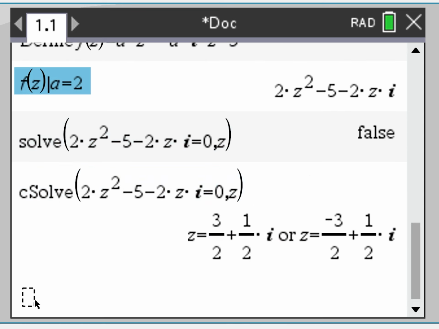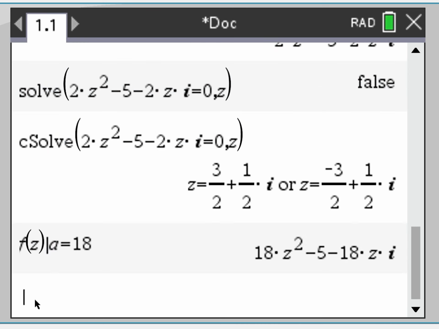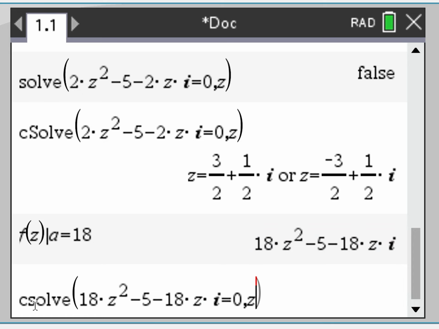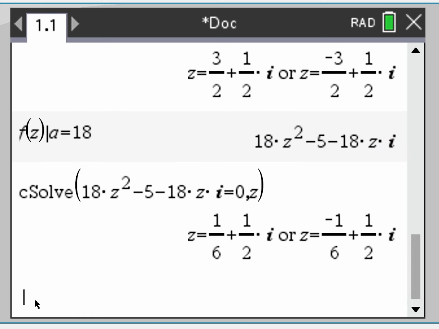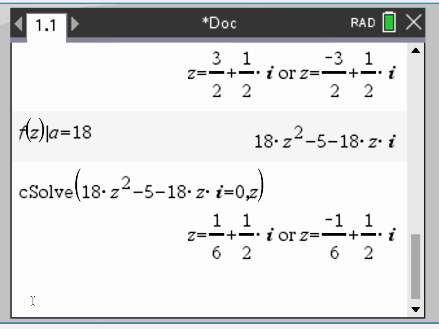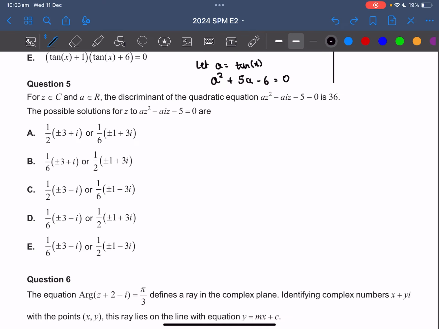And now let's substitute a equals 18, the other solution that we found. Okay, so CSolve that equals 0, comma z. Okay, so these are our solutions that we get. Okay, so let us come back to our iPad now. So z is equal to 3 on 2, plus or minus, oh wait, no, it's the other way around.